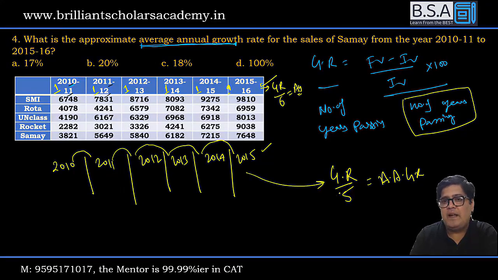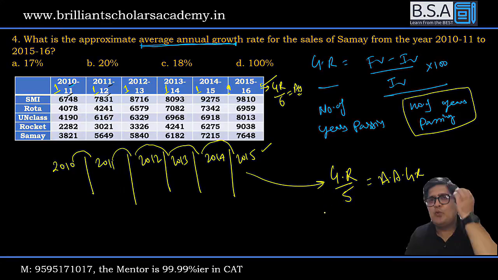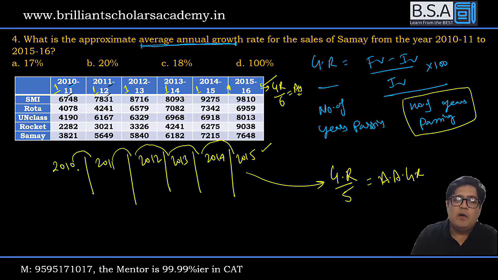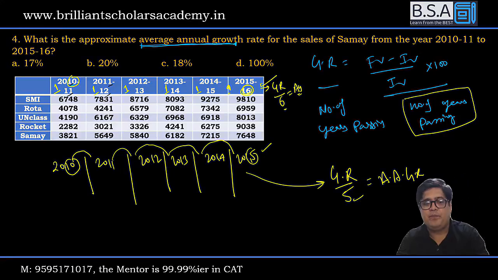In this format, it is growth rate. How to keep that in mind? What is the difference between first and the last year? Difference is 5. That is the denominator. What is the difference between the first year and the last year? 6. That is the denominator. Did you understand this?